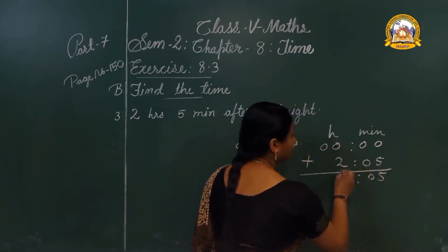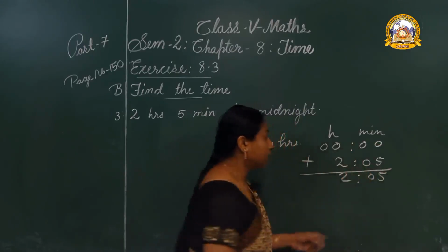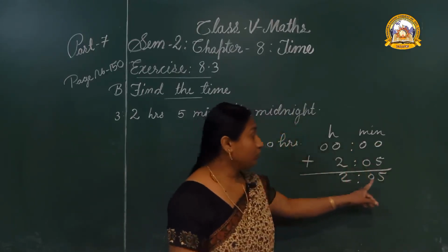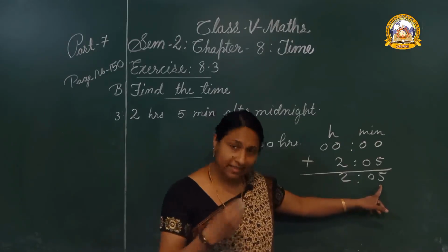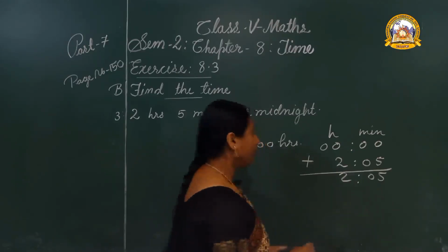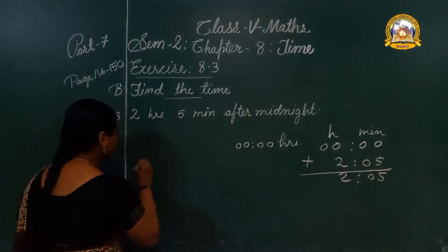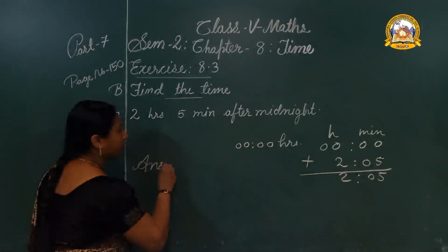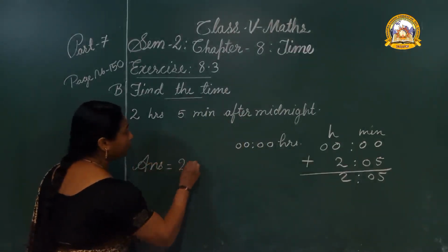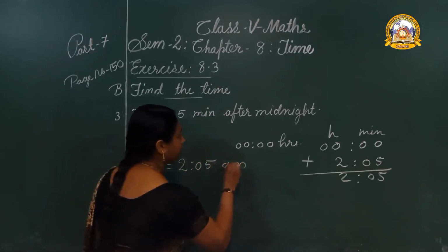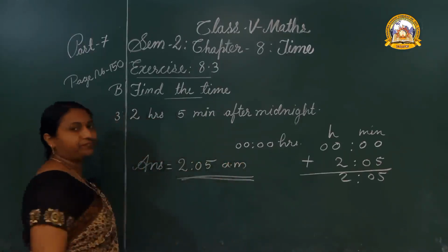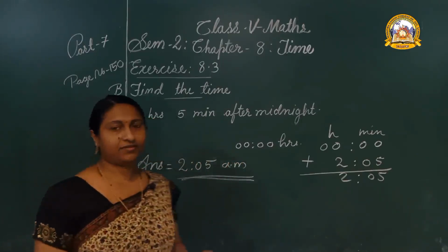Then 2 plus 0, 2. Time 2:05. AM or PM after midnight? Yes, AM. So we can write answer is equal to 2:05 AM.